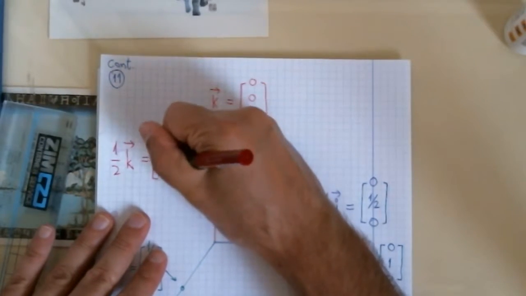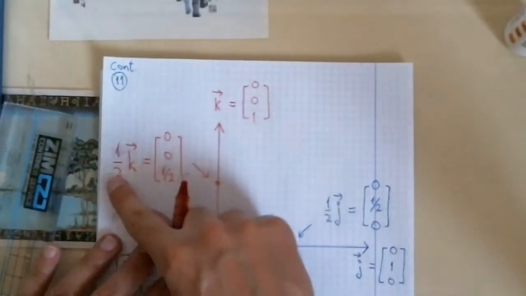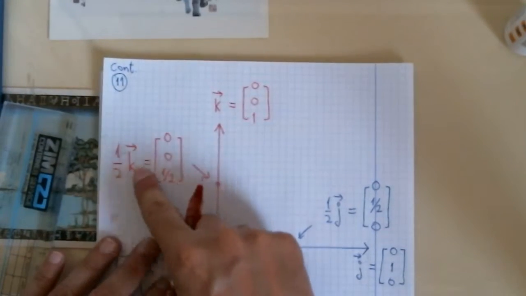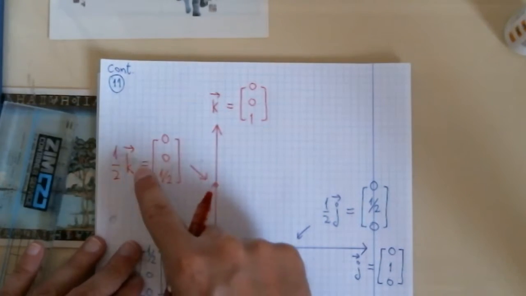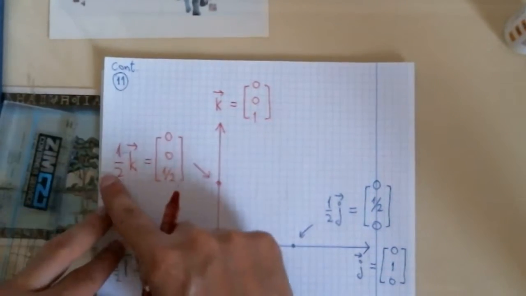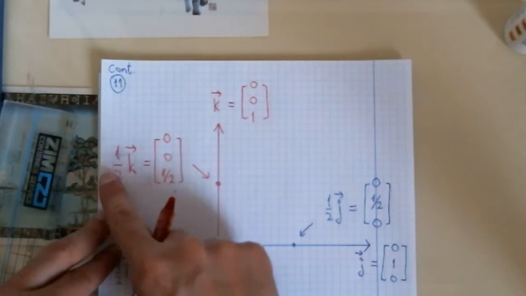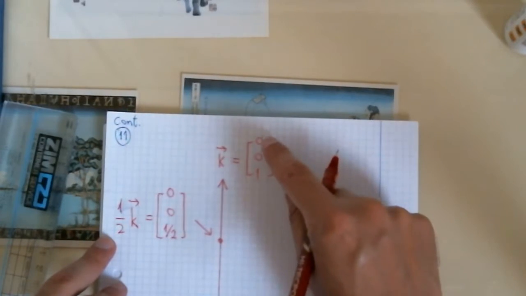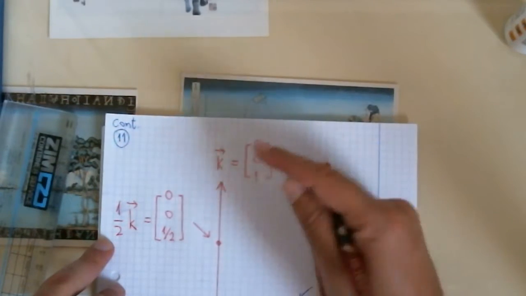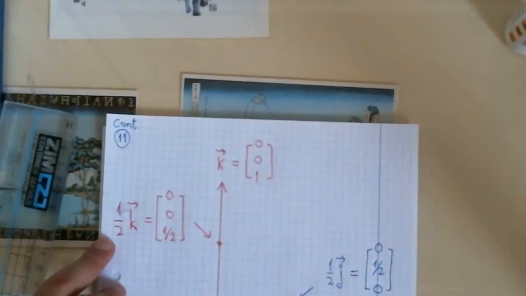Each component is multiplied by the scalar that we chose to multiply the vector with. So this is a scalar, this is a vector, we multiply them together, so each component of the vector is multiplied by the scalar. So 0 times half is 0, 0 times half is 0, 1 times half is half, so 0 0 half.